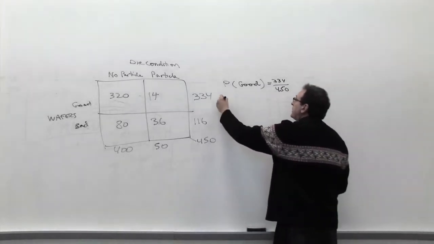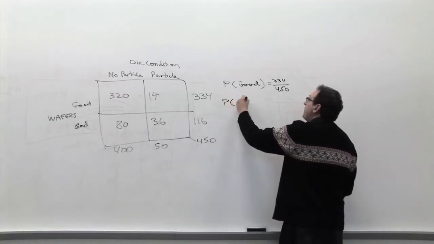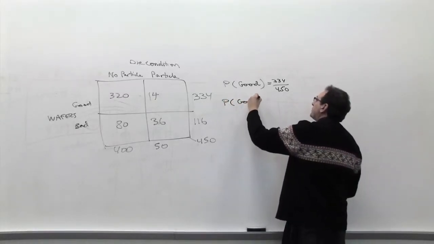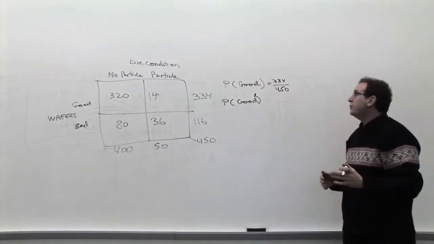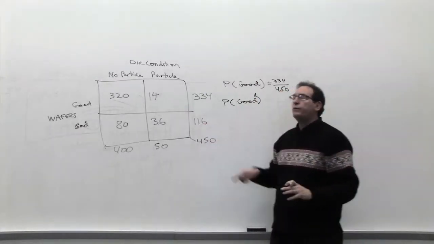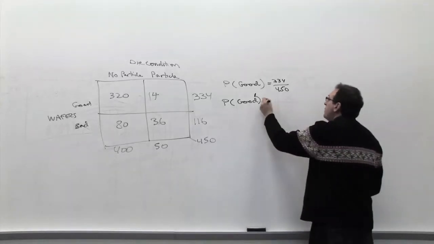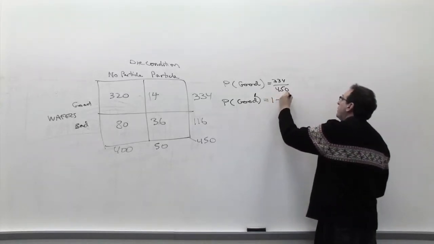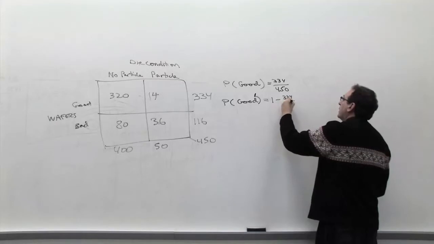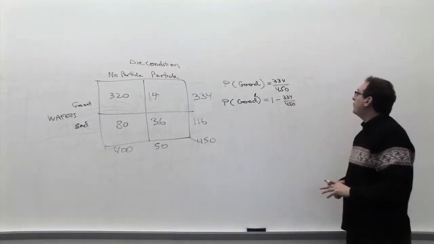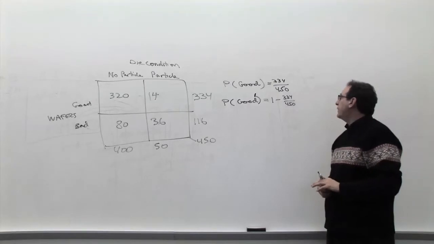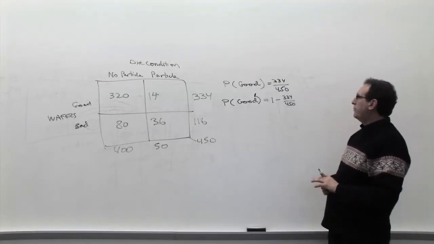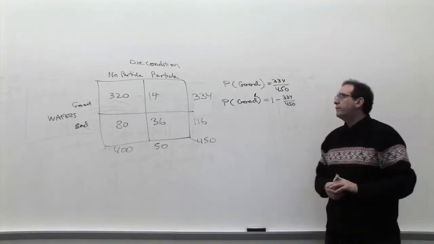The next probability is the probability of not being a good wafer, which of course means the probability of a bad wafer. You can either do it directly, bad is 116 out of 450, or you can do it as 1 minus the chance of good, 1 minus 334 out of 450, which happens to be 116 out of 450.